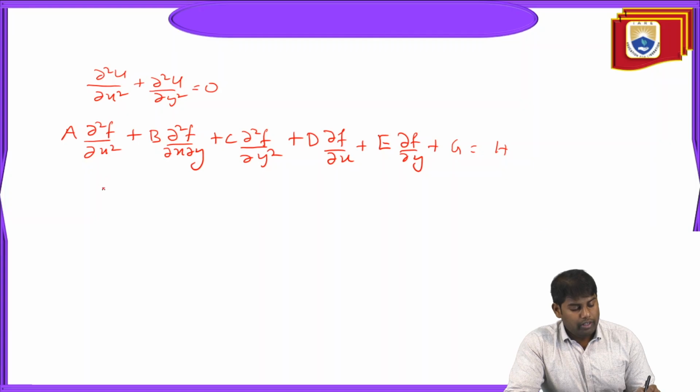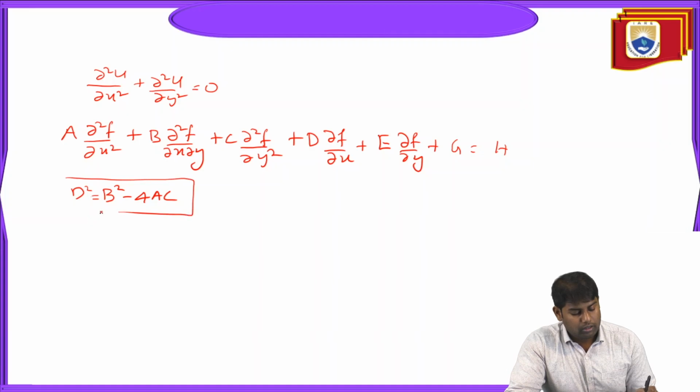Now what we have seen is that b² − 4ac is the discriminant, which is d². Here, what is b? It is the coefficient of ∂²f/∂x∂y.